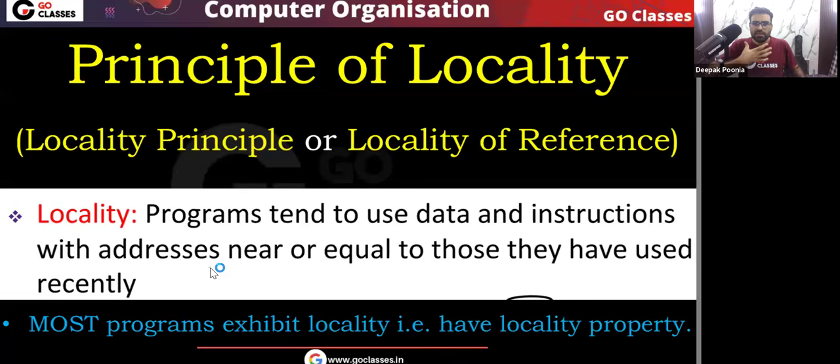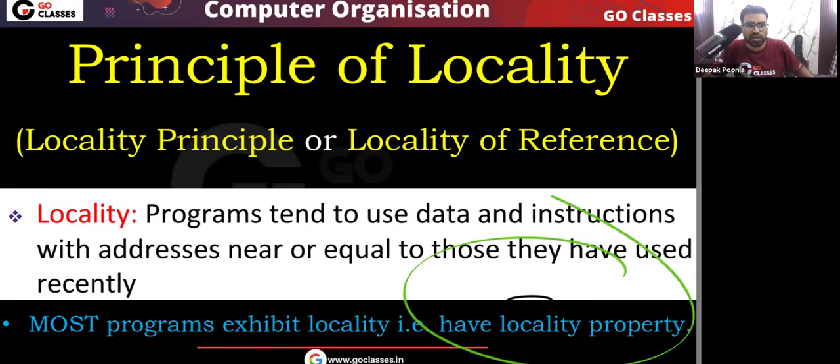Means as a program, if I'm accessing some memory location, then it is likely that in the near future, either I will access that same memory location again, or I will access the nearby memory locations. This is called locality property, and most of the programs exhibit it.